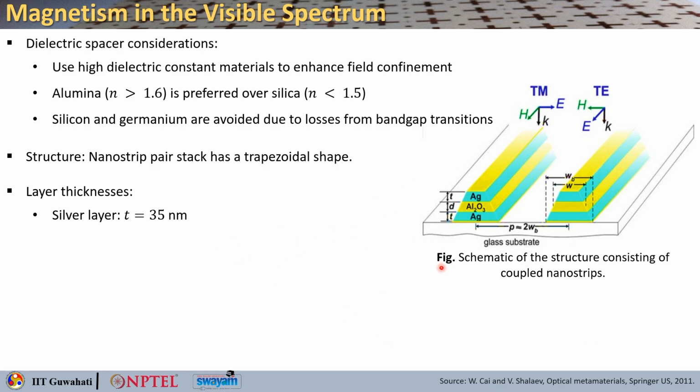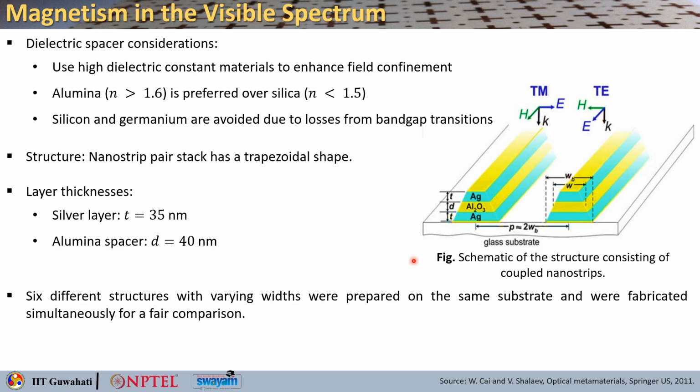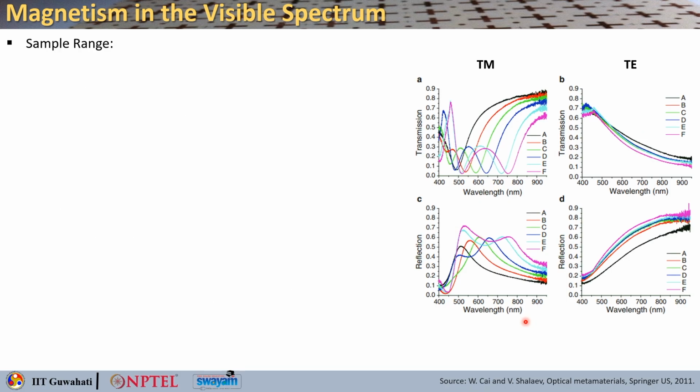The silver layer thickness is 35 nanometer. The spacer has a thickness of 40 nanometer, and then people have fabricated 6 different structures with varying width. W has been changed on the same substrate and fabricated simultaneously for a fair comparison.